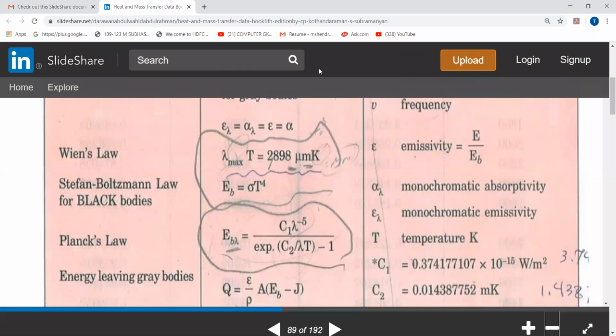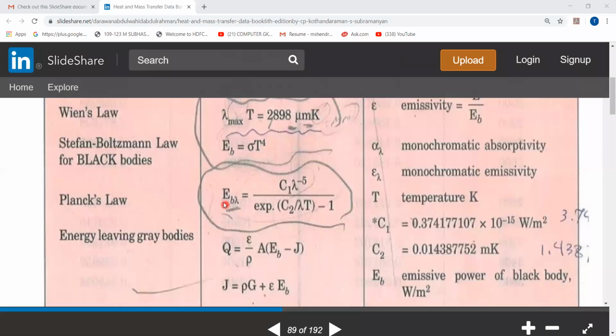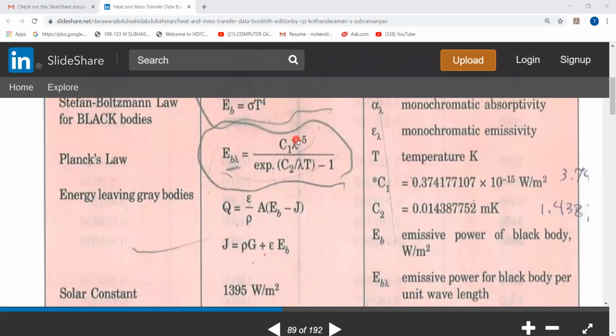Here you can find Planck's law. E suffix b lambda equals C1 lambda to the power minus 5 divided by exponential of C2 divided by lambda T minus 1. Here C1 and C2 are constants, both values are given. You know the value of lambda, and even the value of temperature T in kelvins. Substitute all the values and get the monochromatic emissive power.